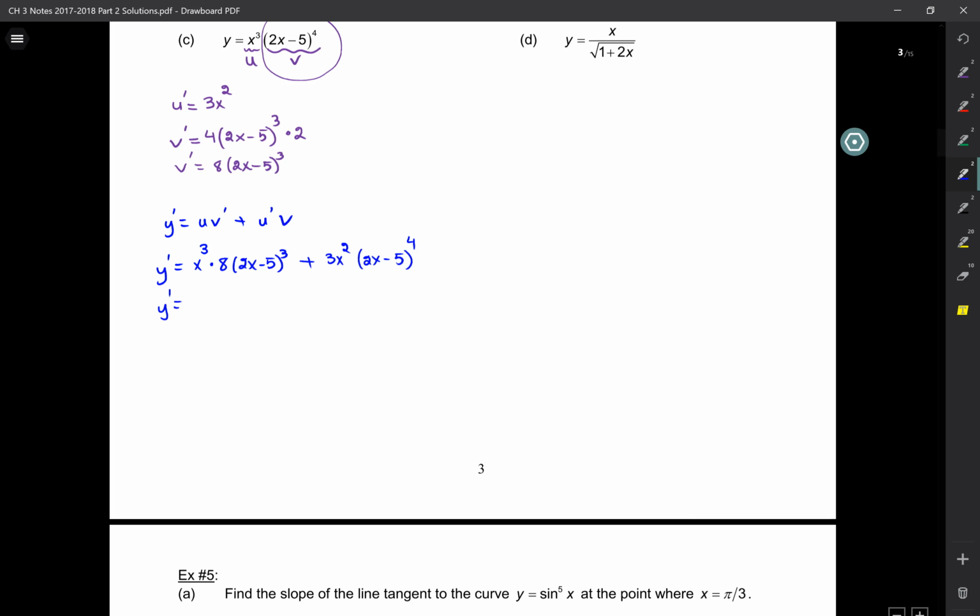Okay, now take a look here. Take a look at the first term and the second term. Is there anything that is in common? You have an x cubed here and an x squared here. Can we factor out an x squared? Yeah, let's factor out an x squared.